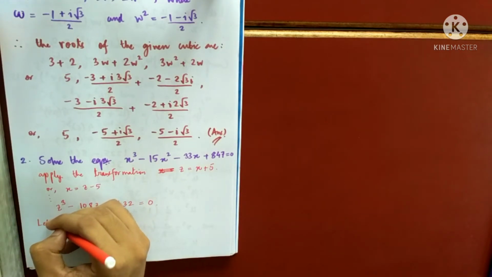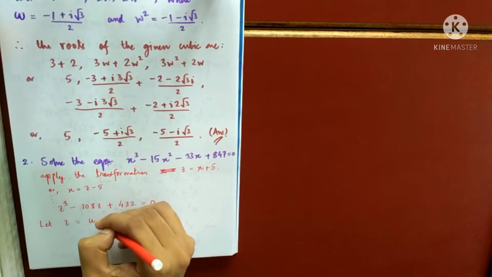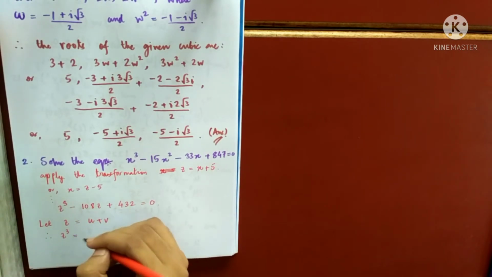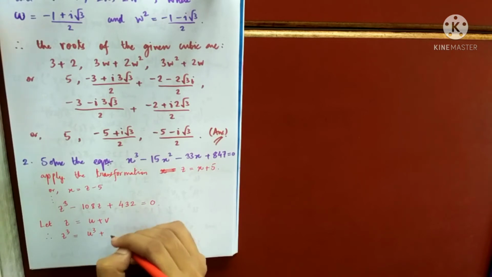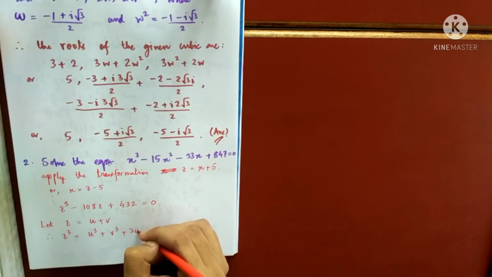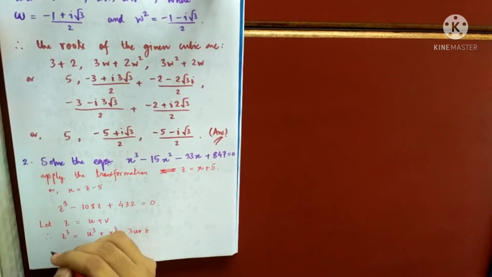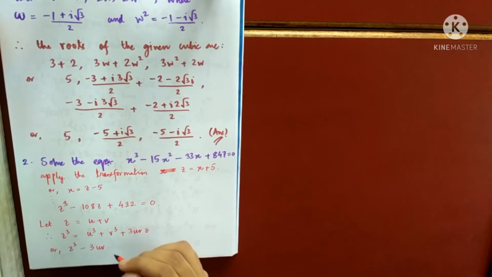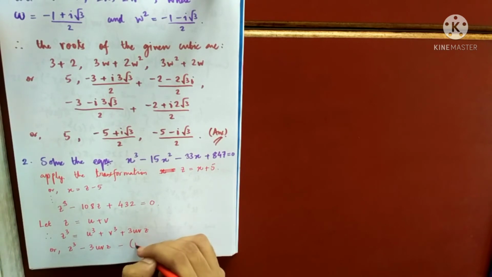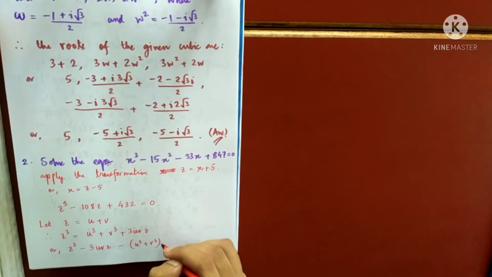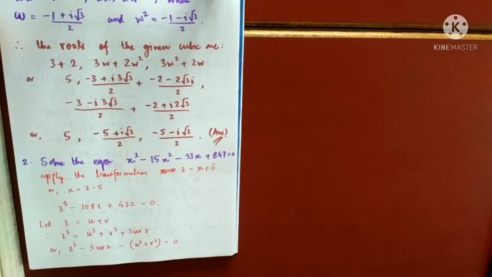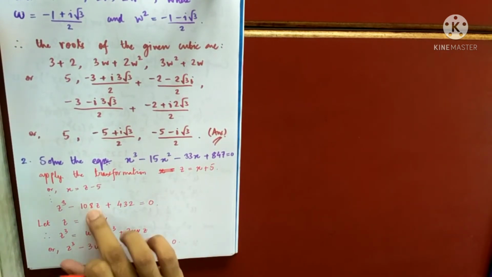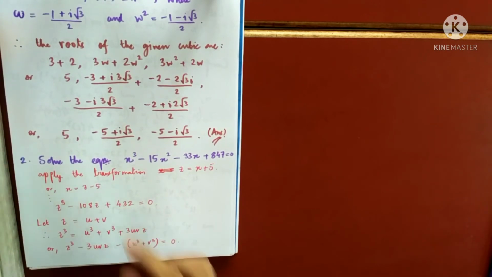So let z equals u plus v. Therefore z cube equals u cube plus v cube plus 3uv in bracket u plus v, that is z, or z cube minus 3uv z minus (u cube plus v cube) equals 0. If you compare with this standard form, 3uv is 108 and u cube plus v cube is minus 432.